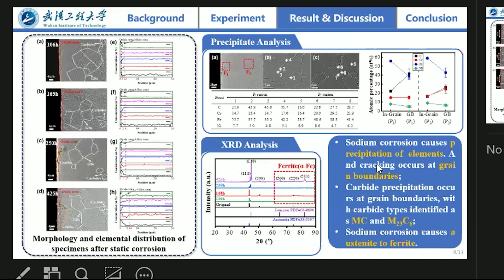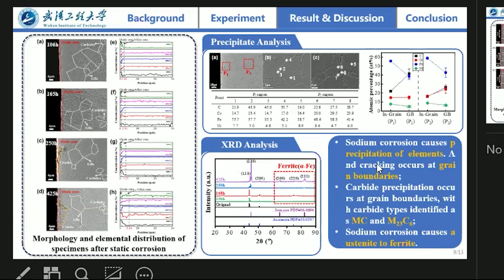Okay. Now in this slide, I show the element distribution of the specimen after static corrosion. In this one, you can see the near-surface area of the specimen.